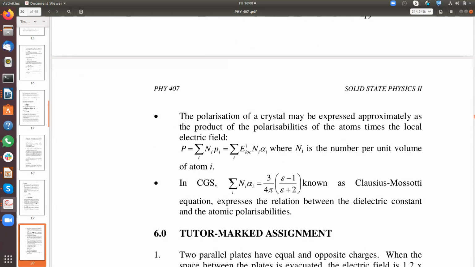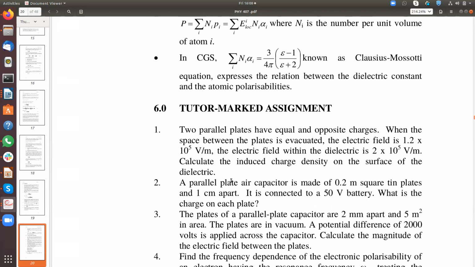Also, the polarization of a crystal may be expressed approximately as the product of the polarizability of the atom times the local electric field, which is this expression, and at the end of the day, we have the Clausius-Mossotti equations derived from those concepts. So this is more or less the summary of what we have done so far.